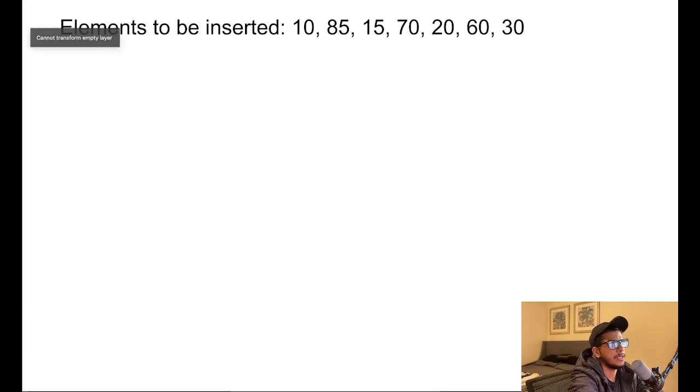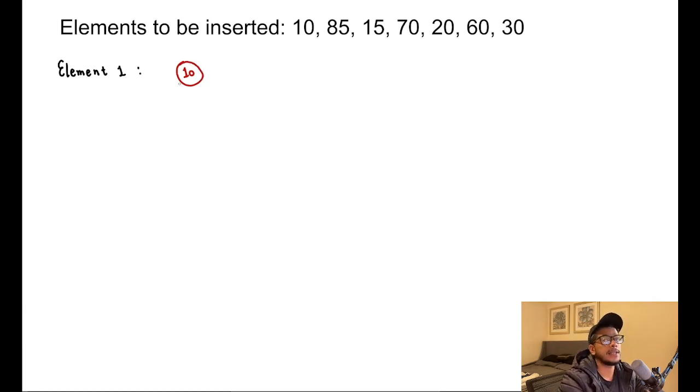So the first element that we're going to insert is going to be 10. Okay, now if you remember the strategy, whenever we insert elements, we will color them red. So I'm going to color node 10 red, and then we'll see whether it creates any violation or not.